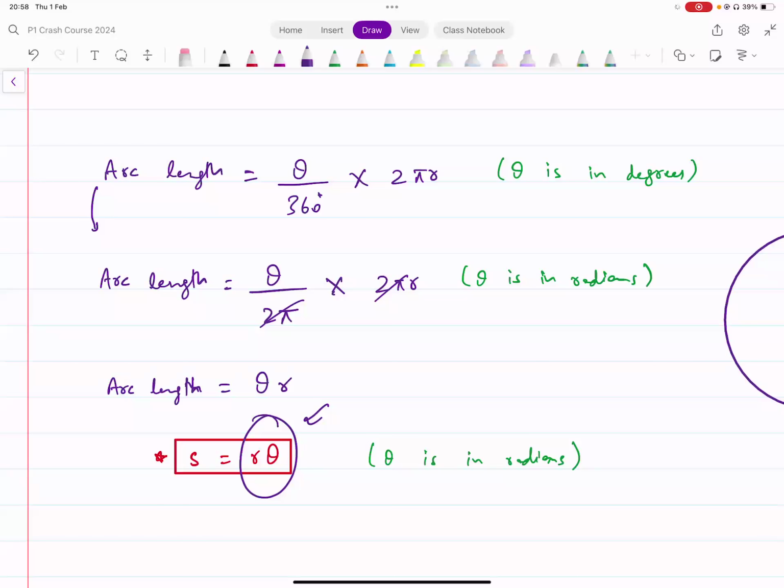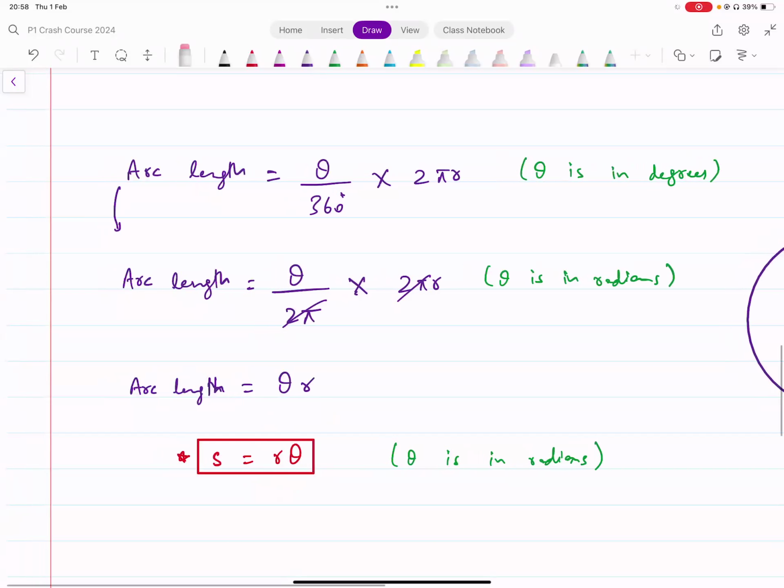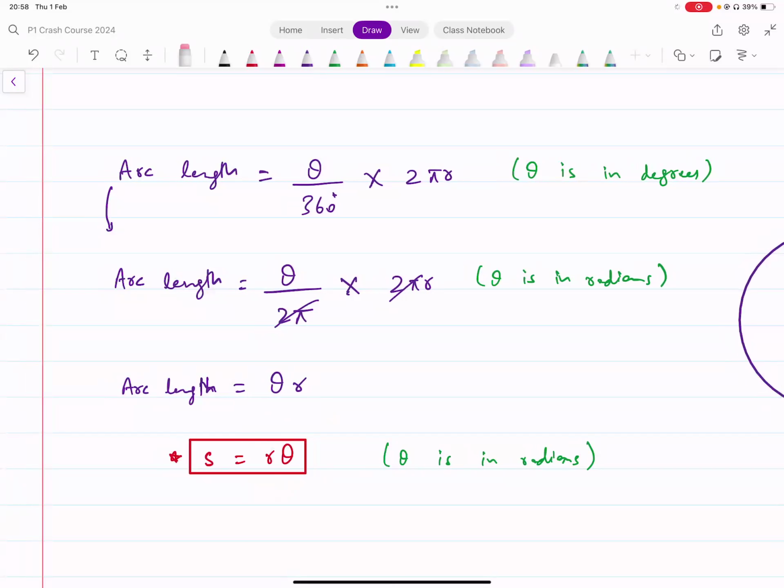Arc length of a sector is given by r times theta, where theta is the angle in radians and r is the radius of that sector. Just make sure the angle that you're using is in radians here. That's the only case where the formula works. If the angle is in degrees, this doesn't work.